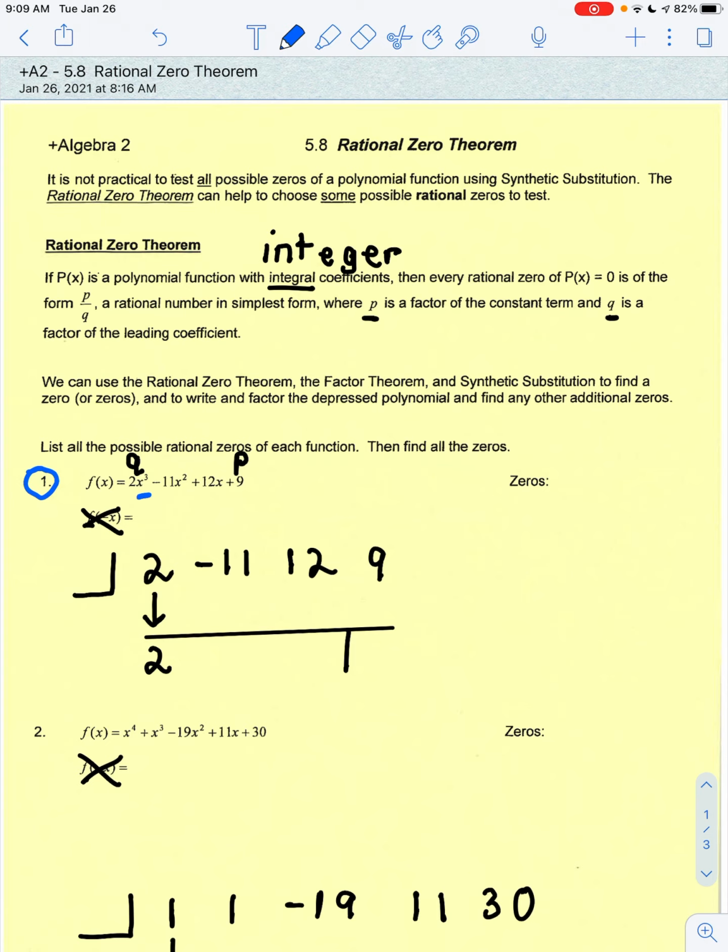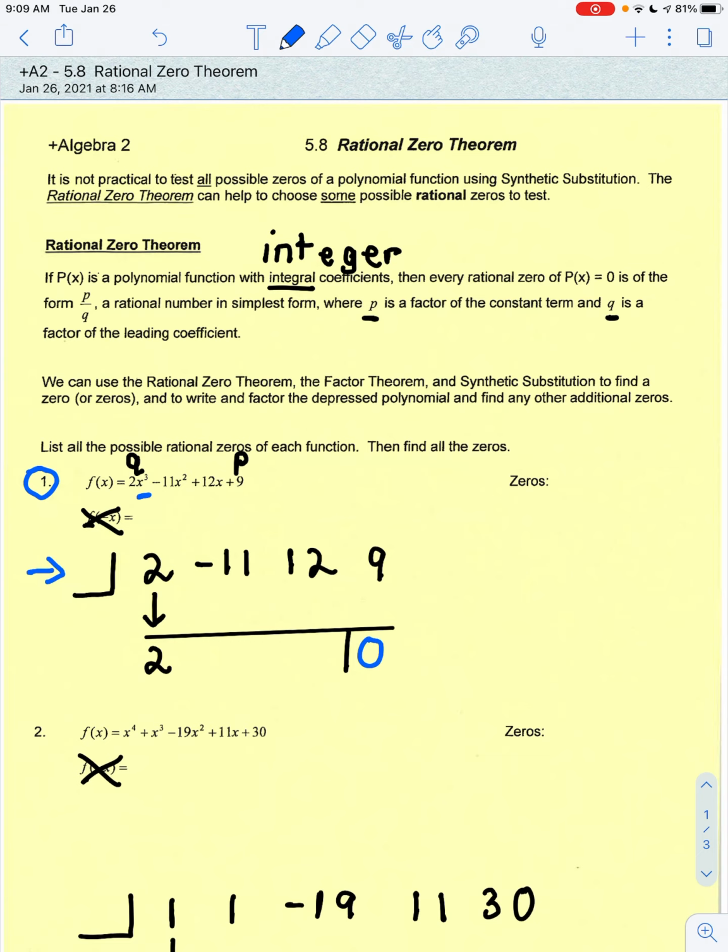So I want to find a value that works here so that I get a remainder of 0. Because if the value goes in evenly, I know that I have found a viable zero. That's what I'm looking for: something that produces an output of 0 for my remainder.